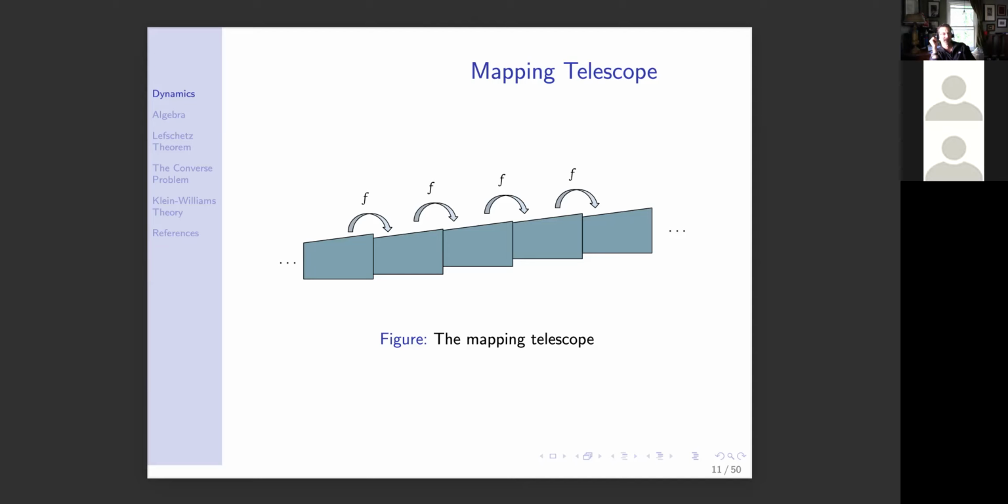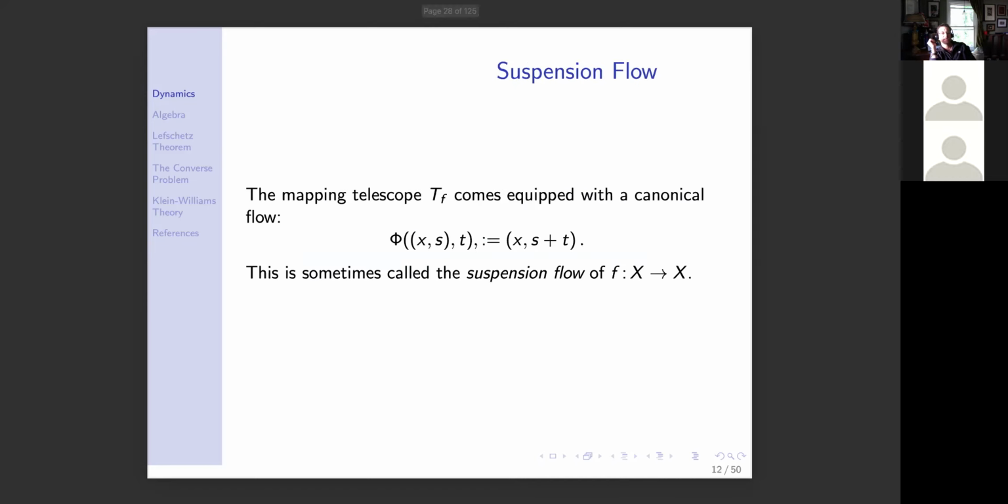It's a schematic. So what does this have to do with dynamics? Well, the self-map, remember, is discrete dynamics. And the mapping telescope actually comes equipped with a continuous dynamics. There's a very natural flow on it given by this formula, phi of (x, s) comma t. Remember, (x, s) is a point in the mapping telescope and t is a time.